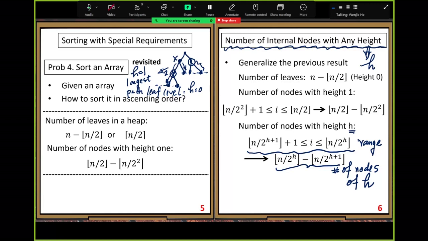With this formula developed, our next step, the goal, is to estimate the cost of building a heap.